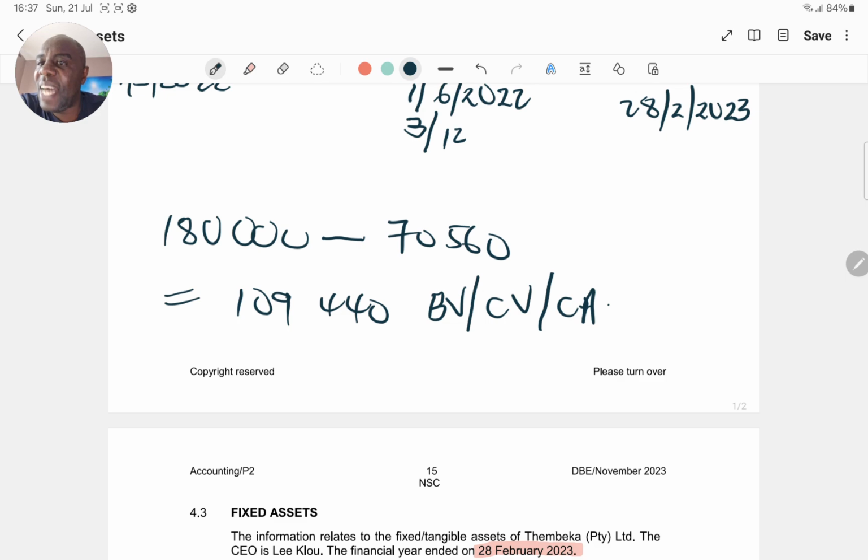Remember, the examiner is asking us the trade-in value. But if the question had asked us, calculate the book value on the 1st of June 2022, this would be my answer, that the asset's intrinsic value is 109,440. But we want to find out how much the dealership was willing to give us for this particular vehicle that we are letting go for the new one.